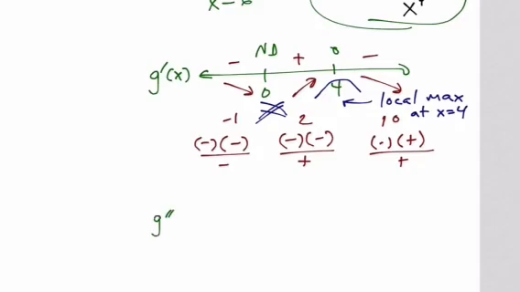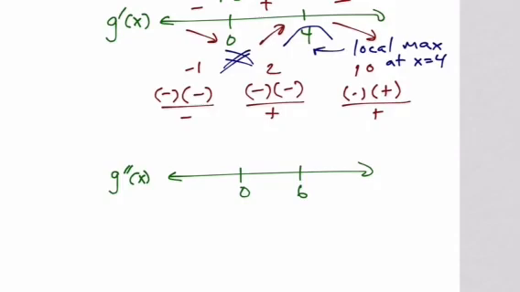We can do a similar analysis of the second derivative, but this time with the values 0 and 6. Again, it's not defined at 0, and the second derivative equals 0 at 6. At negative 1, the factors we have are 20, which is positive.